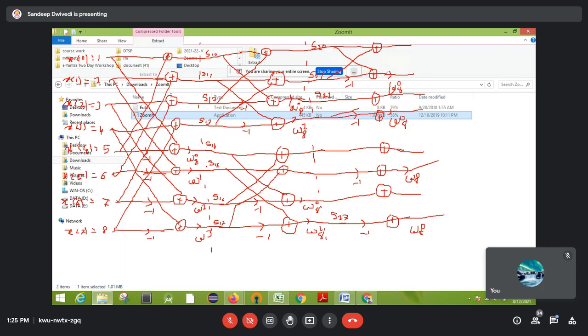So for this also, the Stage 1 of decimation in time becomes the final stage, the third stage here. Like this. Now whatever output you get, you need to write in this sequence.